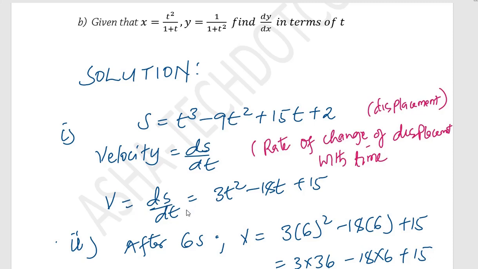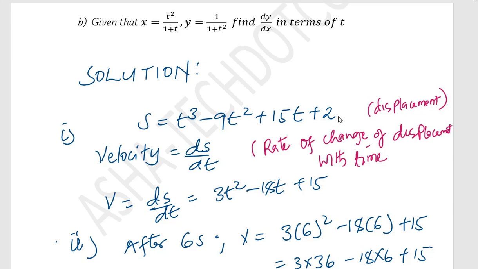So v is equal to ds by dt, and if I differentiate this, I'm going to have 3 multiplied in front here. I reduce the power by 1, then minus 2 times t to power 2 minus 1, plus 15t, which will be 15 times 1 times t to power 1 minus 1, and this one will cease.